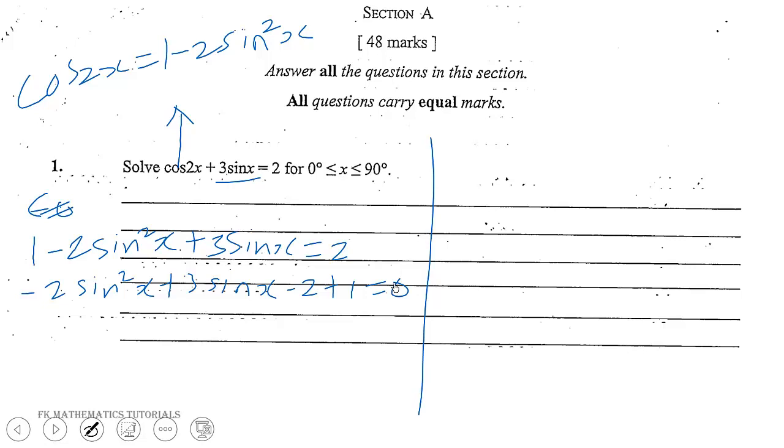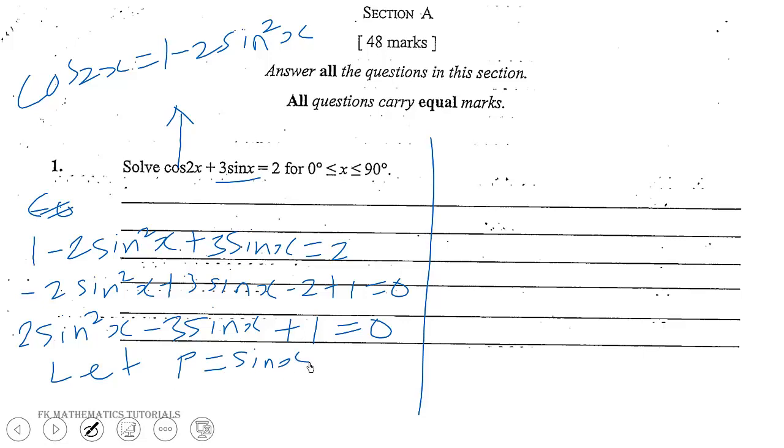When I divide through by negative 1, you get 2 sin²x minus 3 sin x plus 1 is equal to 0. Now if we let p be equal to sin x, then the equation becomes 2p² minus 3p plus 1 is equal to 0.